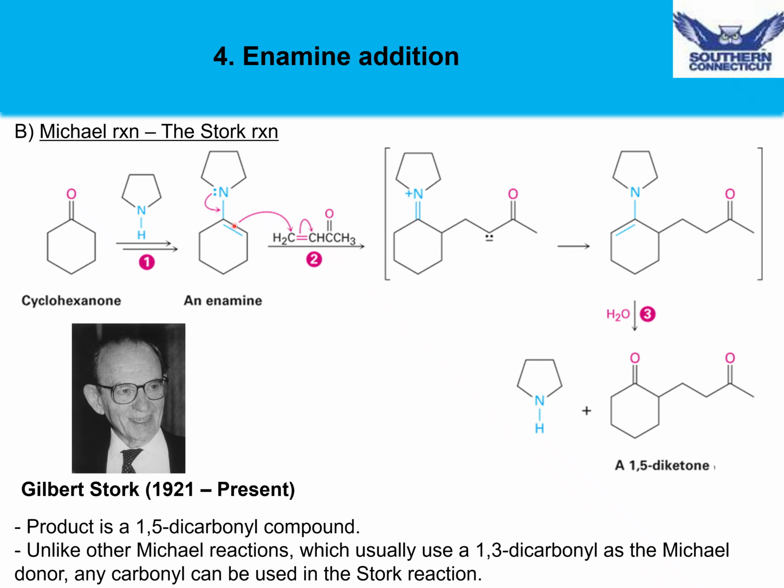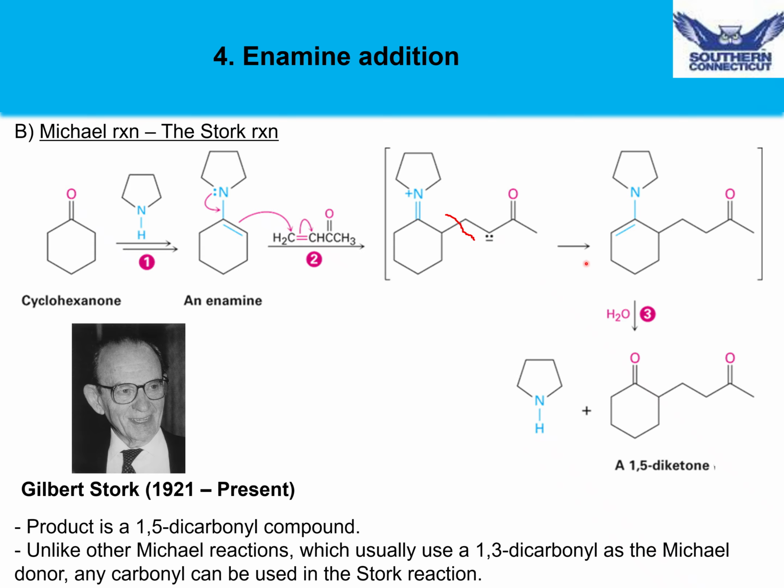Then that enamine basically behaves like an enolate, so it is nucleophilic at the alpha carbon, which is this one. That alpha carbon will attack the beta carbon of an alpha beta unsaturated carbonyl. That leads to this intermediate. So we just formed this bond here. Notice the nitrogen of the enamine becomes an iminium ion. We form an enolate here at the alpha carbon.